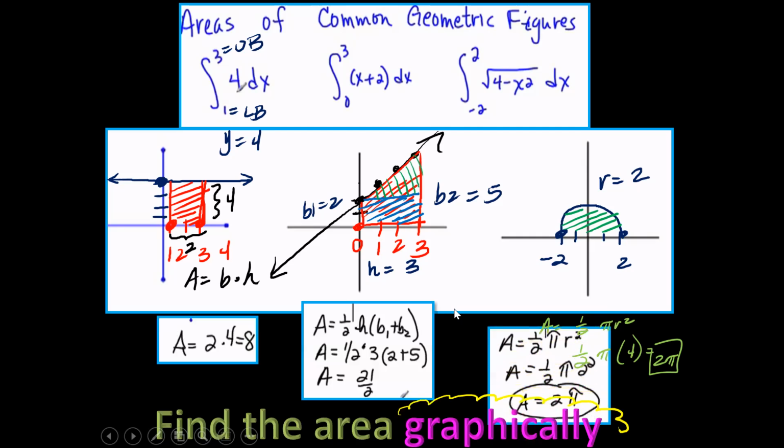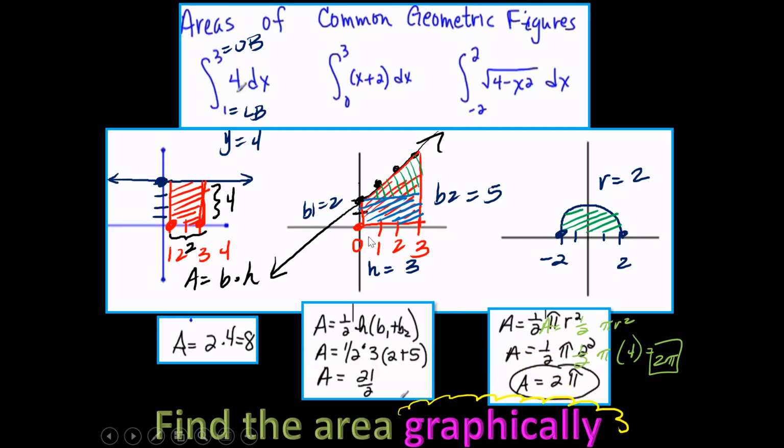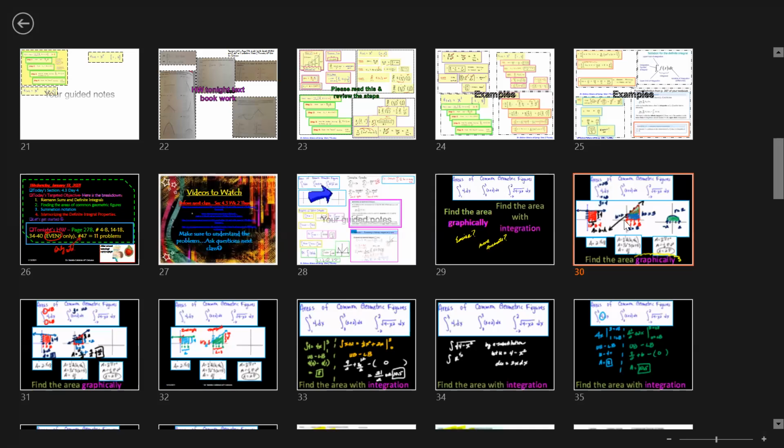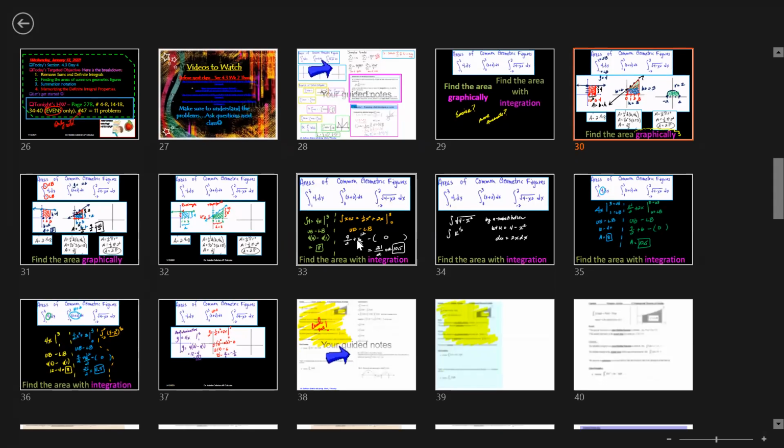All right, so this is your answer. That's how we go about finding the area using a graph. Today we're going to talk about how to do this with definite integrals and using antiderivatives.